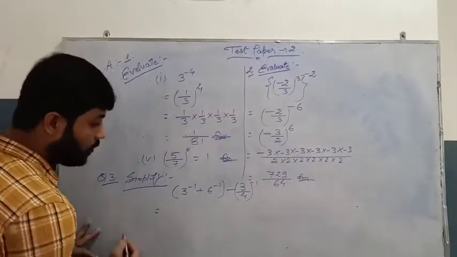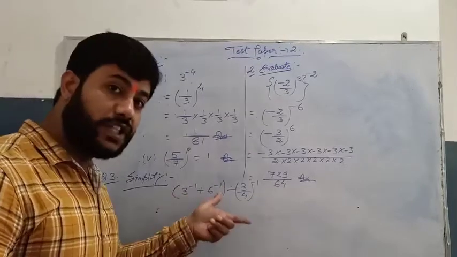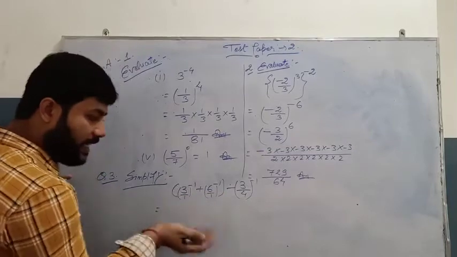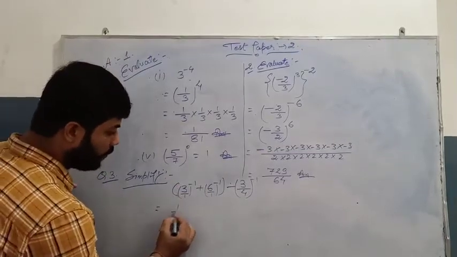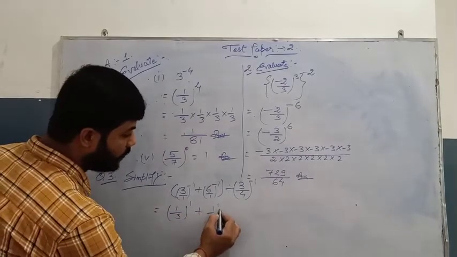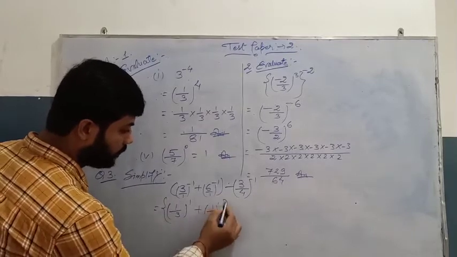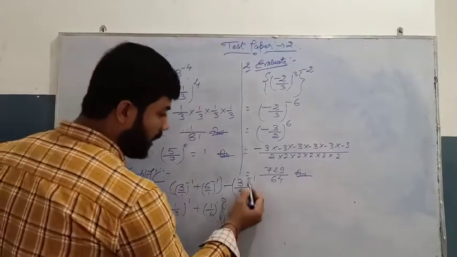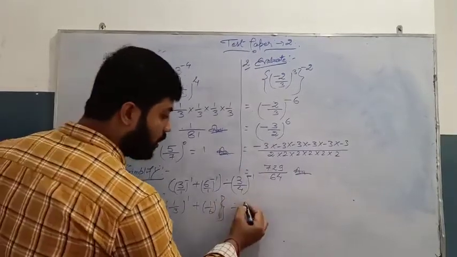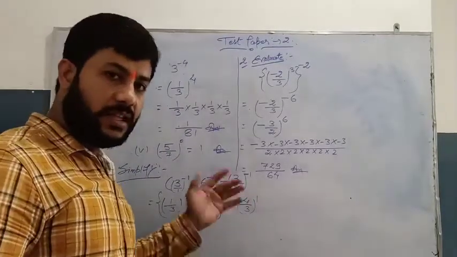Now having power minus 1 on both sides, we will get the reciprocal, that is 3 by 1, 6 by 1. So that will be 1 by 3 to the power 1 plus 1 by 6 to the power 1. Now again having power minus 1, to remove this minus we will get its reciprocal, so that is 4 by 3 to the power 1. Now power 1 means nothing, the number itself.